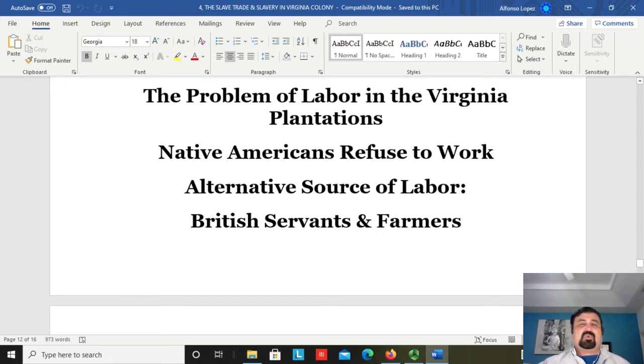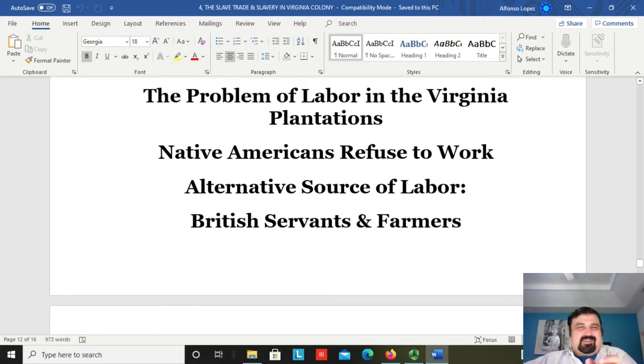And so when the British landowners arrived, many of whom were actually members of the British nobility, so back in England, there was a nobility, a group of landowners that were members of the English nobility that actually became stockholders, shareholders of this company.